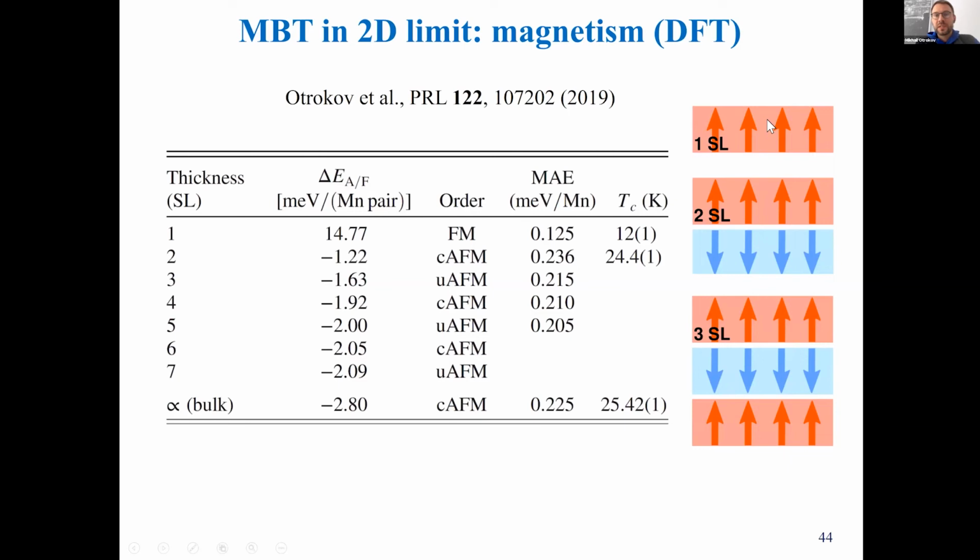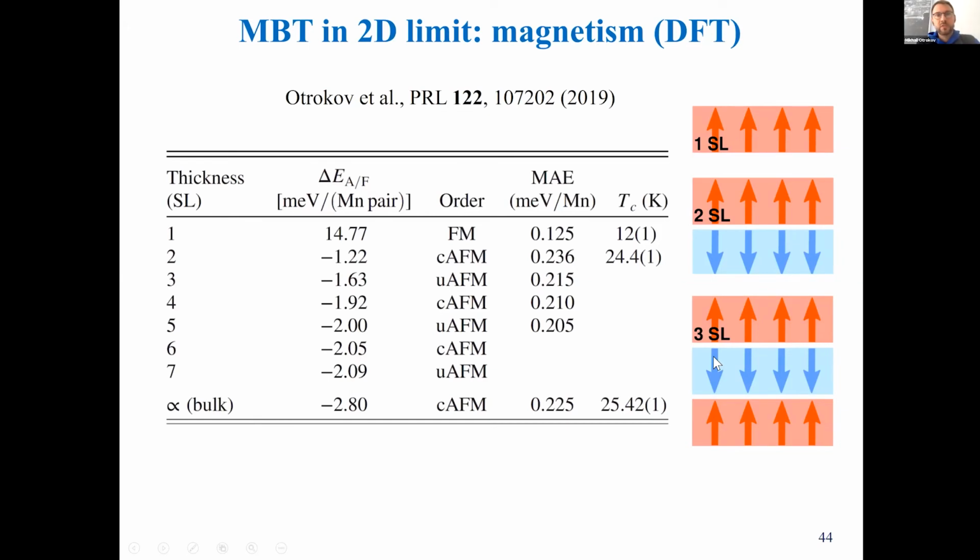A single septuple layer is a 2-dimensional ferromagnet. Then for more than one, you have antiferromagnetic interlayer exchange coupling, but the ground state is either a compensated antiferromagnet for the even number of septuples or an uncompensated antiferromagnet for the odd number of them.